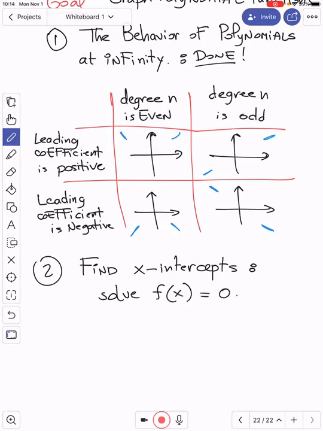I think we had an exercise Wednesday last week, and I didn't have time to go over it, so I'm going to remind you. We had to find the x-intercept. What I mean by x-intercept is the intersection of the graph with the x-axis, and the way to find it is to solve f of x equal to 0.